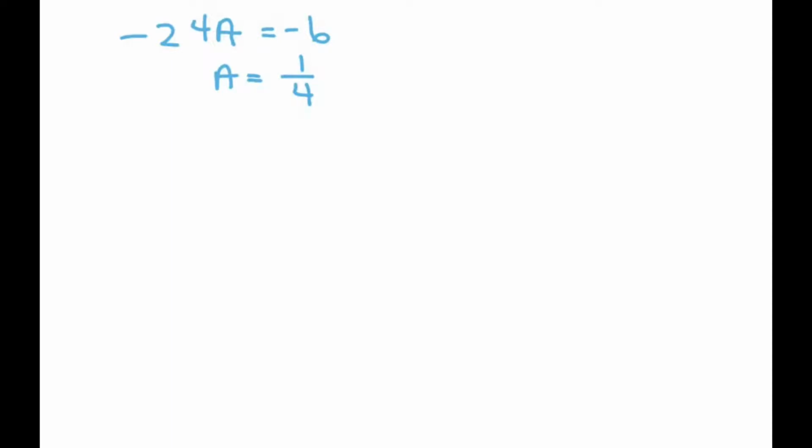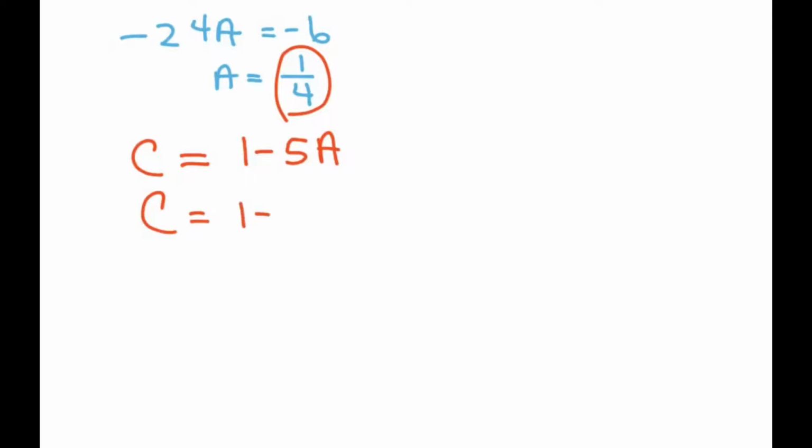Now we go back to our equation we wrote, C equals 1 minus 5A. We have our A. So C equals 1 minus 5 times 1/4. So 1 minus 5/4 is equal to negative 1/4.